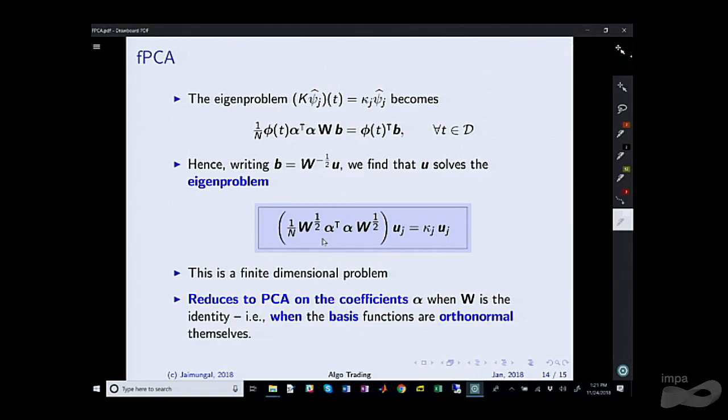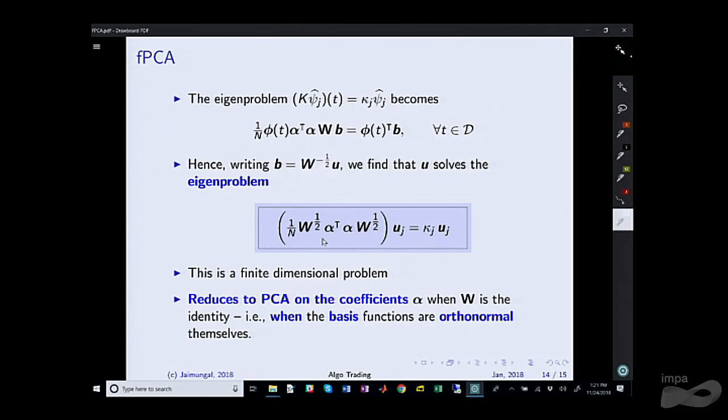If the bases that you use are in fact orthonormal, the interesting thing is that this problem reduces to simply doing a principal component analysis on the coefficients of your expansion basis. So the idea, you have a set of bases that you project your data onto.